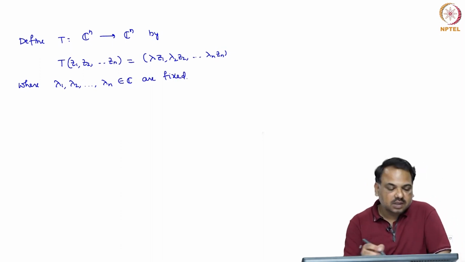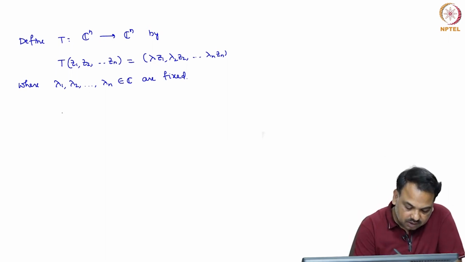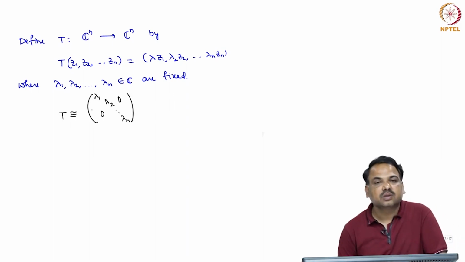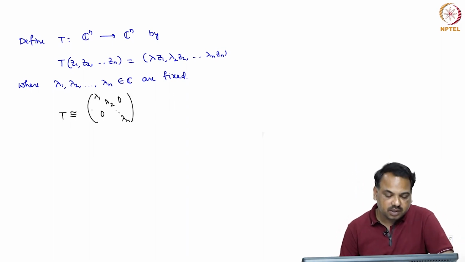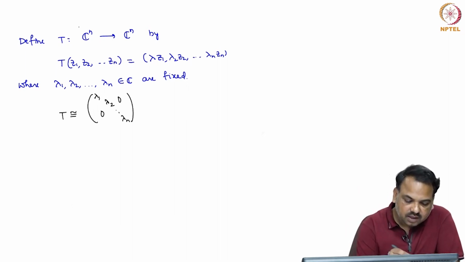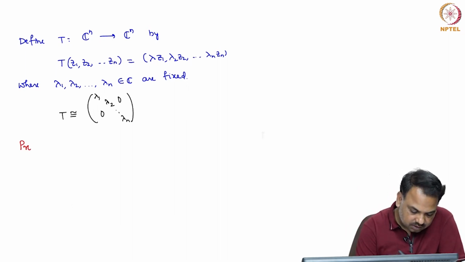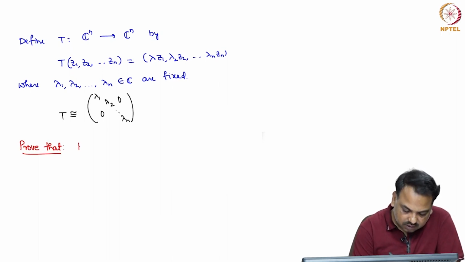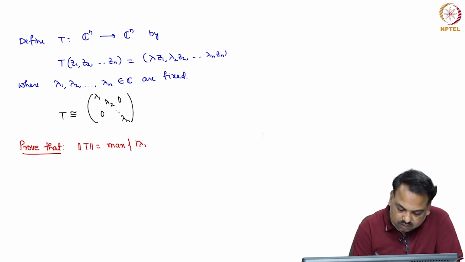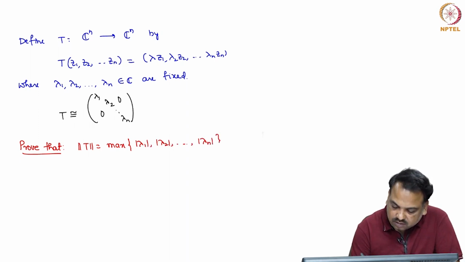We can check that in this case, norm of T is given by the diagonal matrix with diagonal entries lambda 1, lambda 2, ..., lambda n with respect to the standard orthogonal basis of C power n. As in the earlier case, we can easily check that norm of T is exactly the maximum of mod lambda 1, mod lambda 2, ..., mod lambda n.